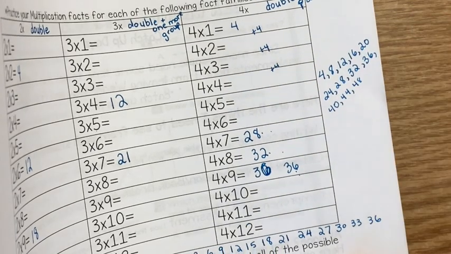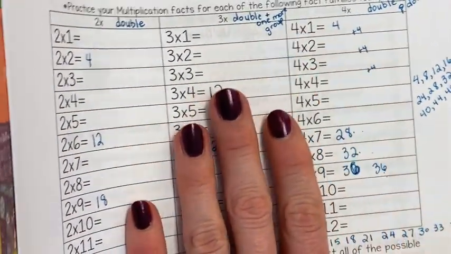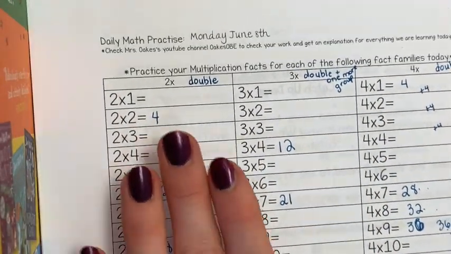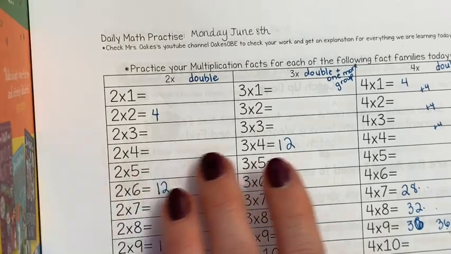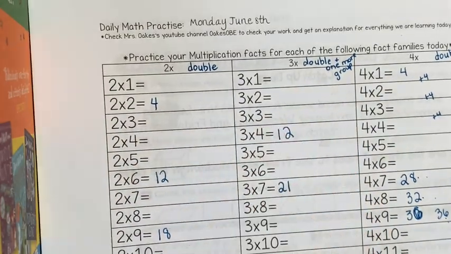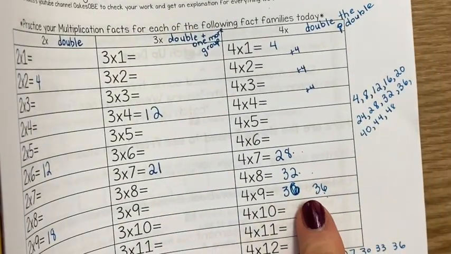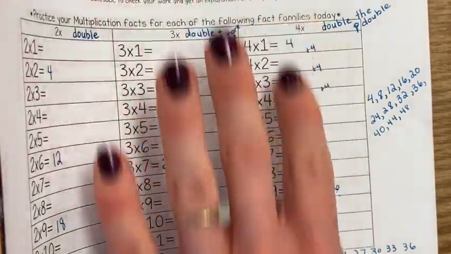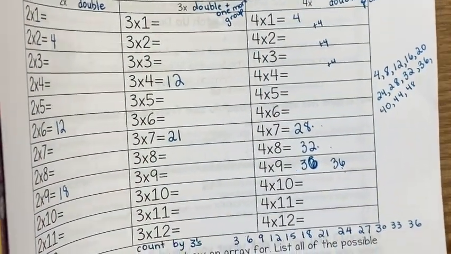So you can write out counting by 4s, 3s, or 2s, or you can use the strategies I've given you: double for 2 times, double plus 1 more group for 3 times, and double the double for 4 times. So work on those, figure out all your facts, and then practice them, please.